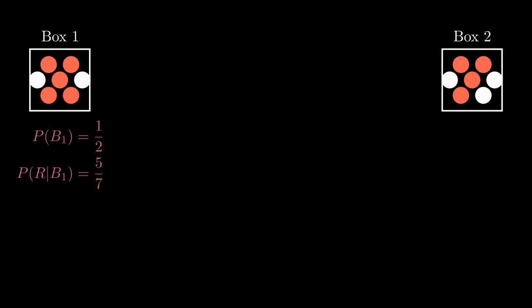And then let's just go over what this notation here means. Probability of choosing red given that you chose box 1. Okay, so if you have box 1, the probability of getting a red is just the number of red balls out of the total. So that's where the 5/7 comes from. And similarly with box 2.